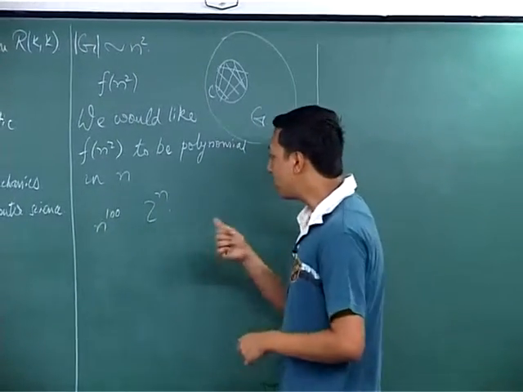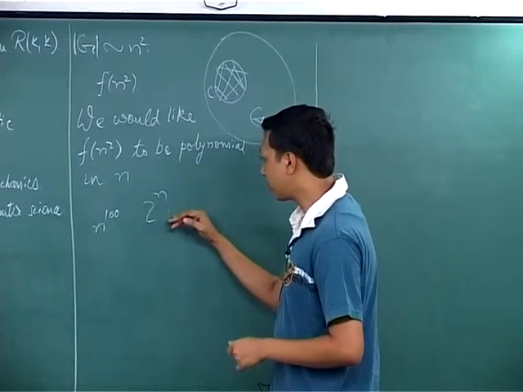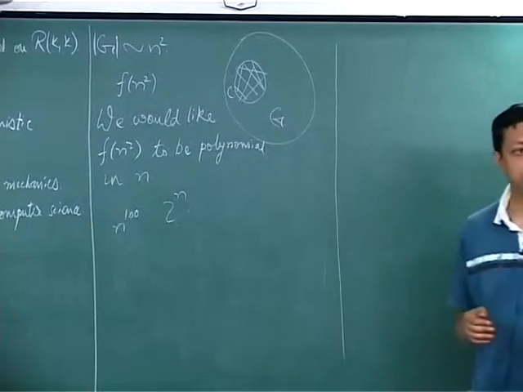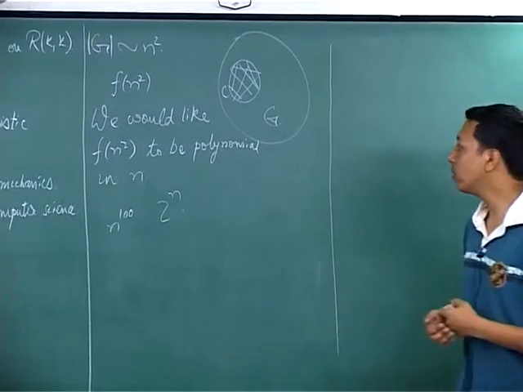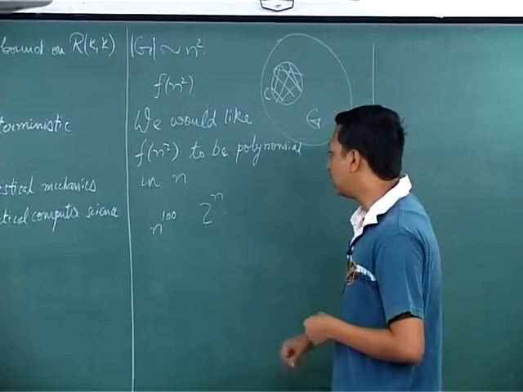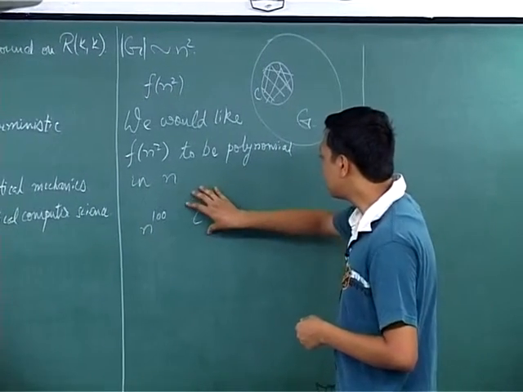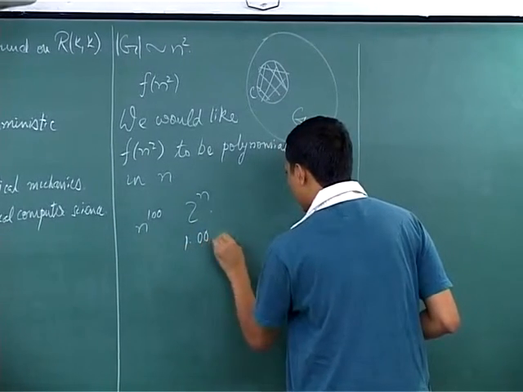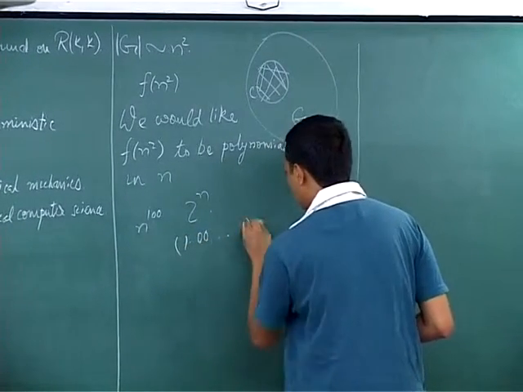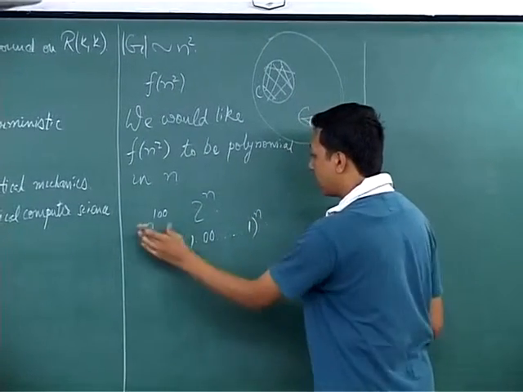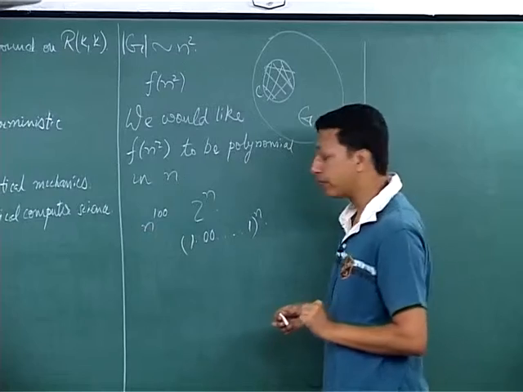See, if you increase n by 1, this number doubles, whereas this number only grows by a fraction, and not even a constant fraction. So the point is that even if I have 1.001 to the n, even such functions grow much faster than these functions.